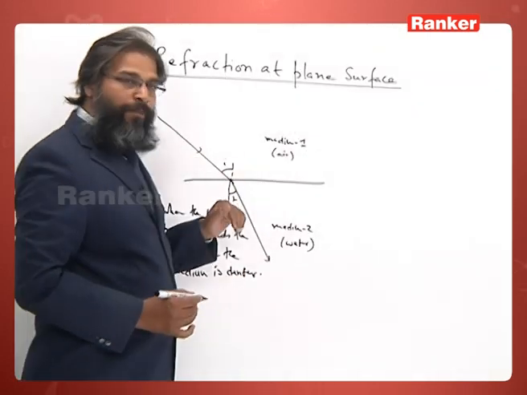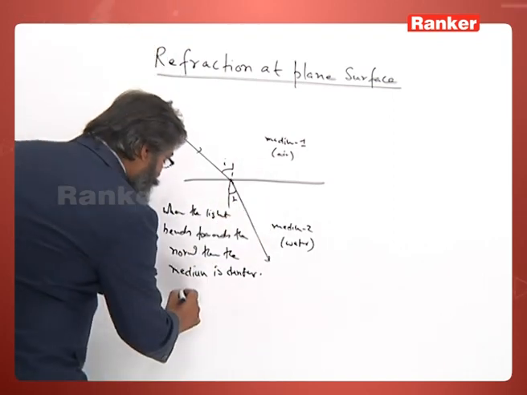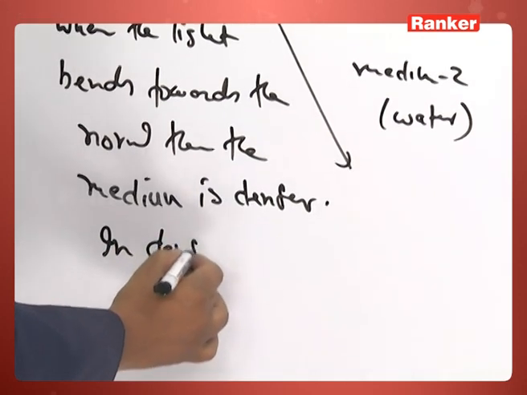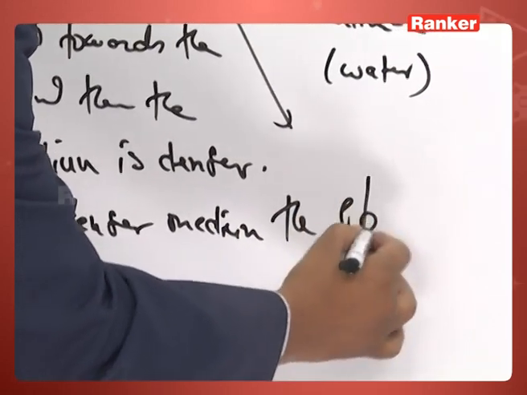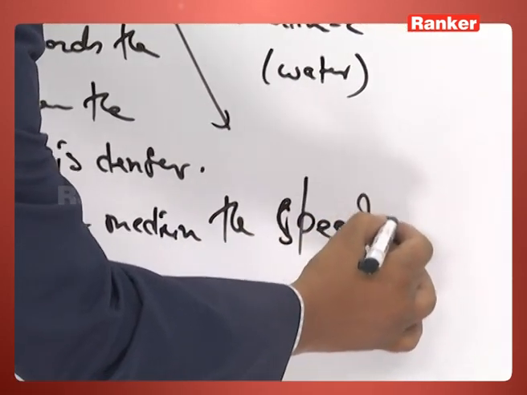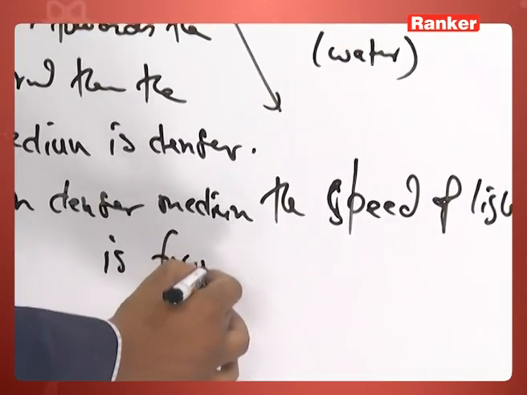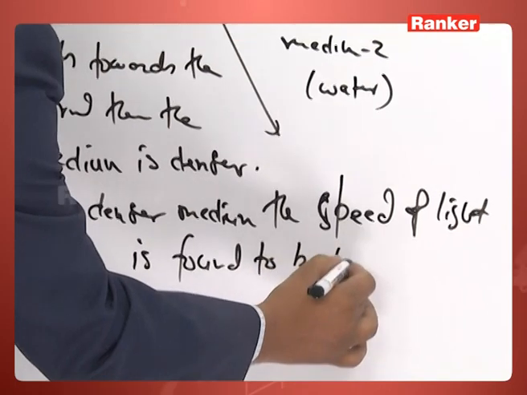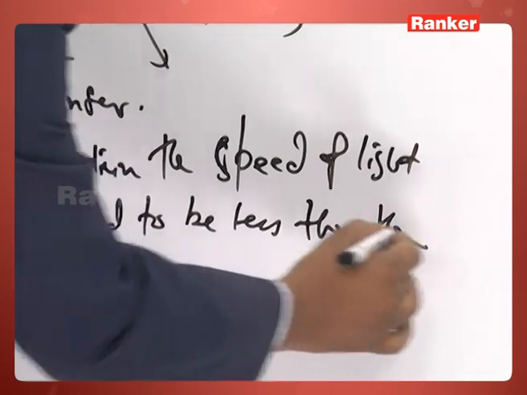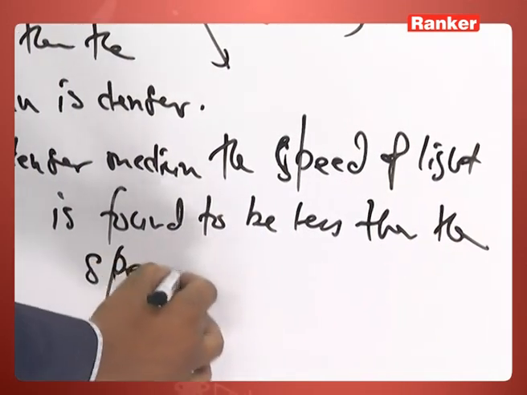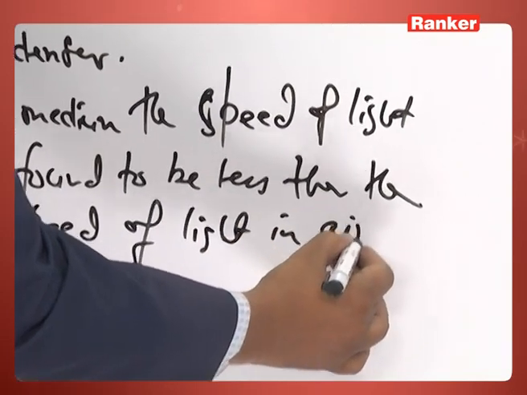In a denser medium, the speed of light is found to be less than the speed of light in air or vacuum.